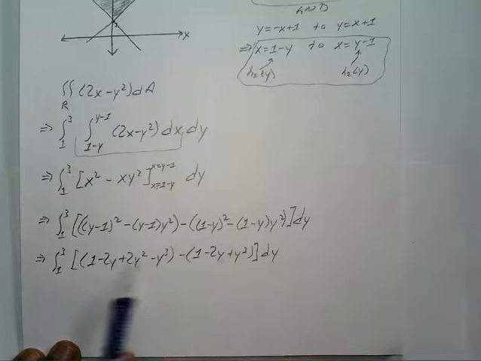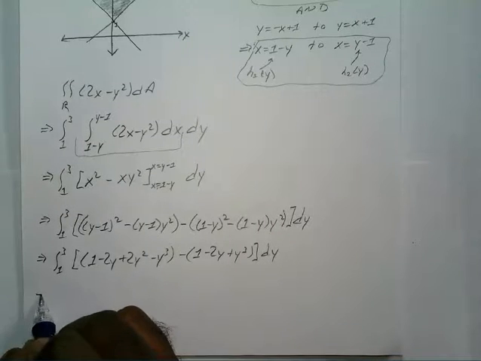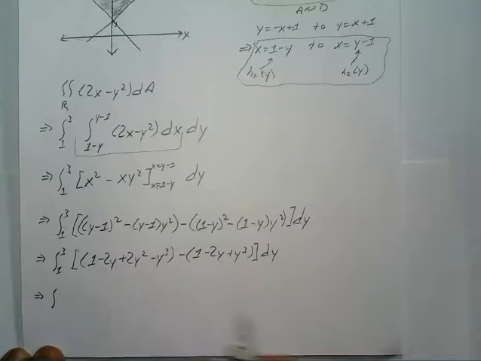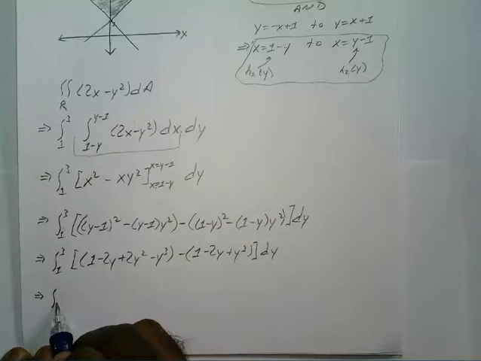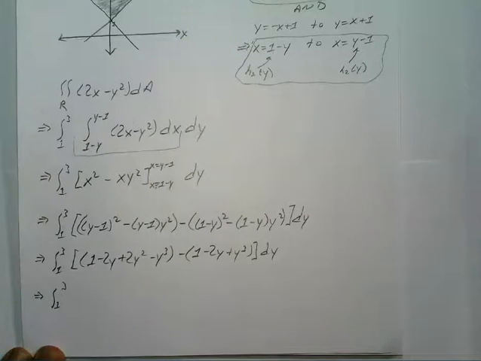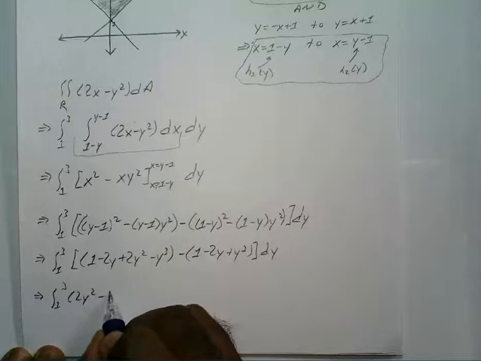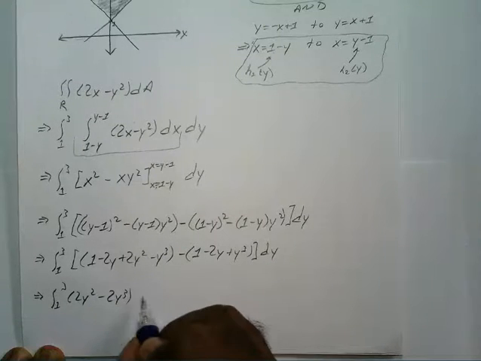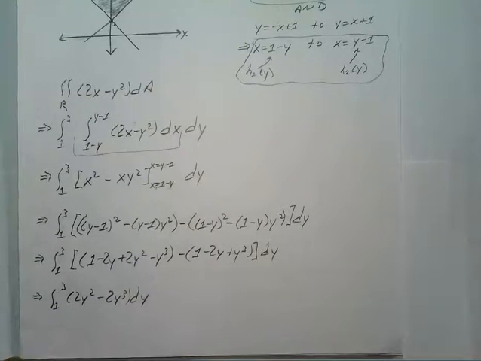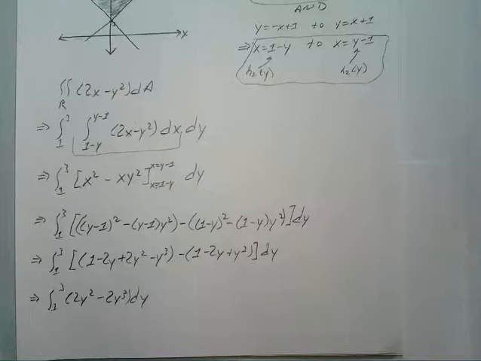Once we're done canceling everything out, we end up with the integral from 1 to 3 of 2y squared minus 2y cubed with respect to y.